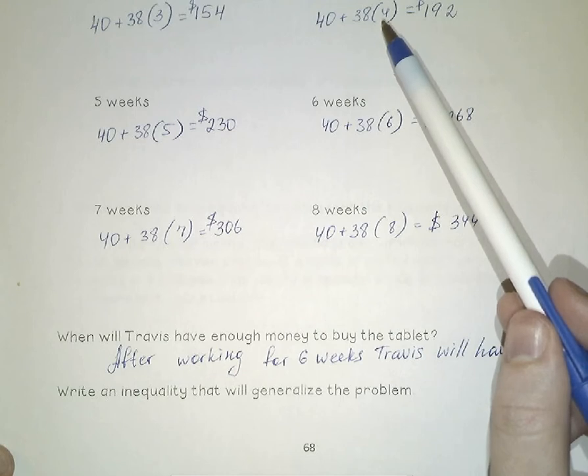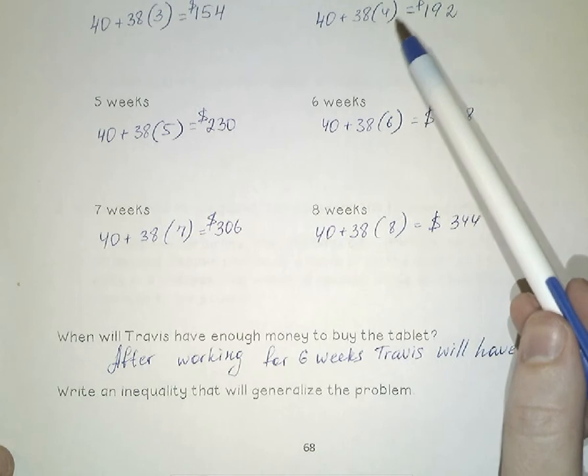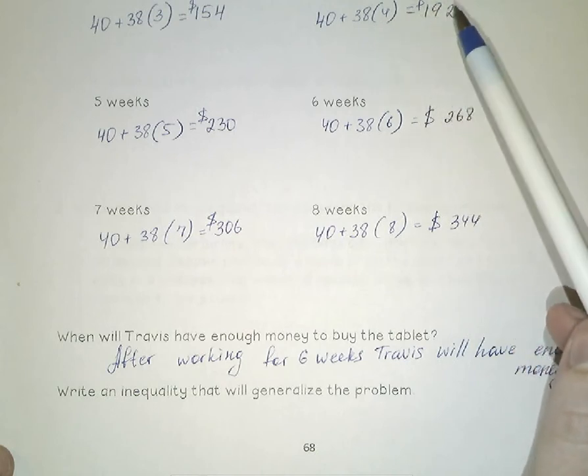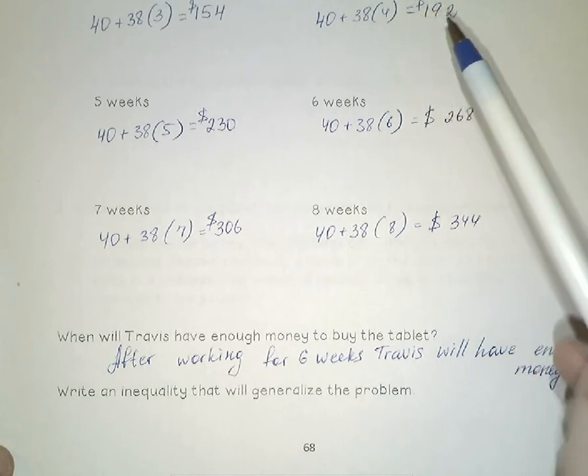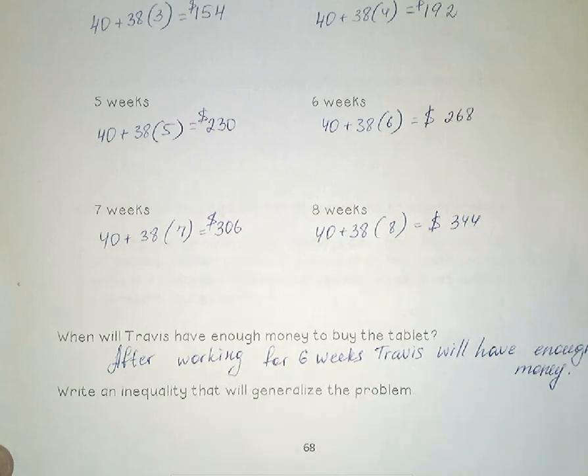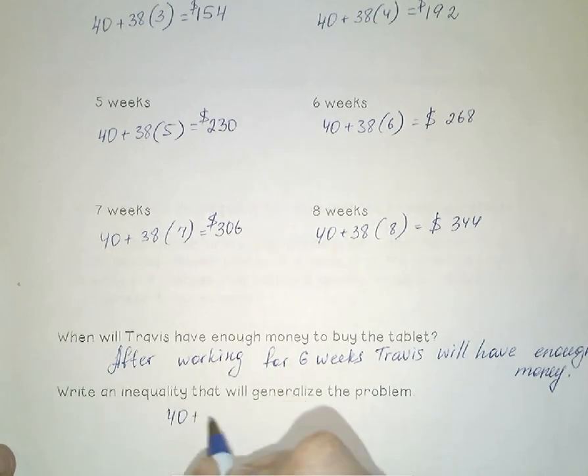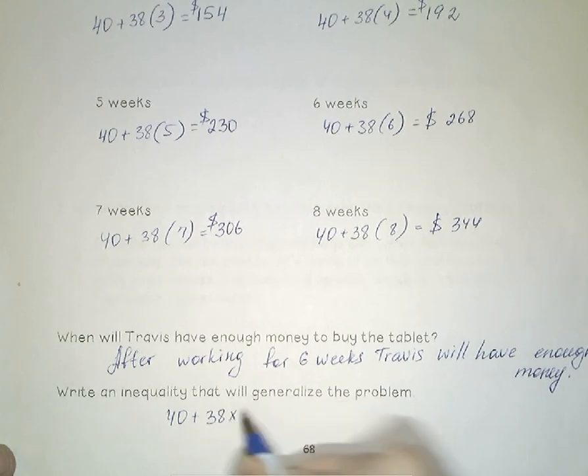And now we need to write an inequality that will give us at least $265.49 saved, right? So that will give us 40 plus 38x, and that will be at least, it can be more, but it cannot be less, right?